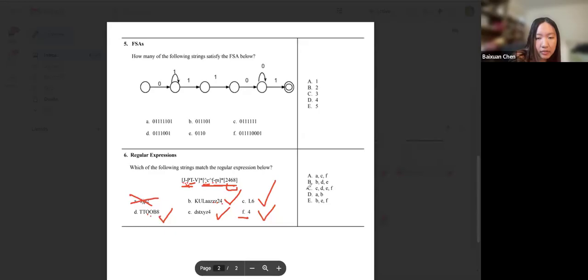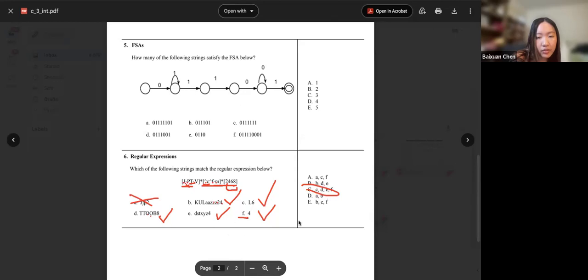It'll be C, D, E, F. And this one won't work because, let's see the solution. Oh, it can only have one out of the 2, 4, 6, 8s. So then B doesn't work, and the answer will be C, D, E, F. So it's C.